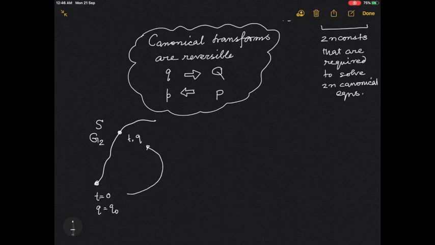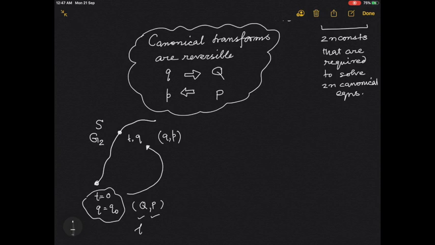We realize that is given by S, which is a canonical transformation from these variables to these variables, and these variables we are calling something, and these variables we are calling something. Now, because the canonical transformations are reversible, we can call these variables capital Q and capital P, and these variables small q and small p, without any loss of generality. If it was not reversible, we could not say that.